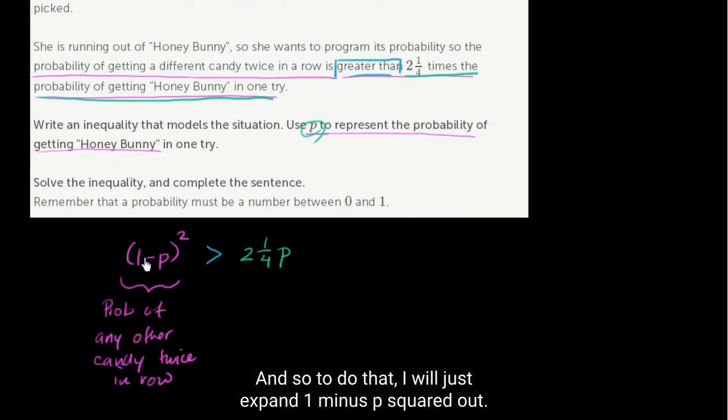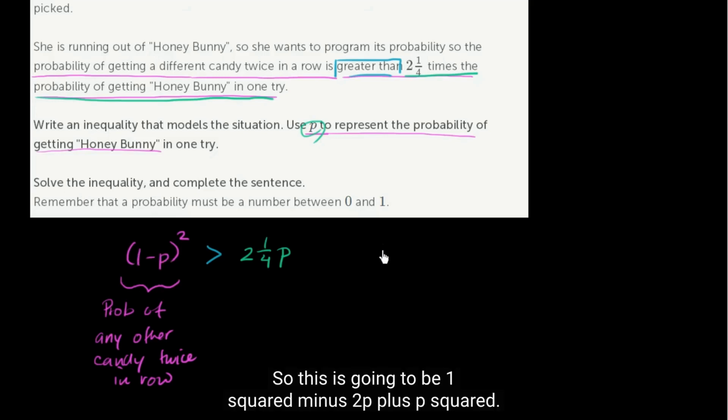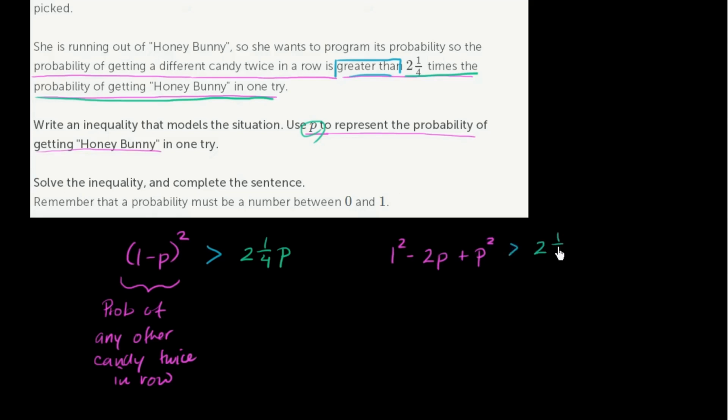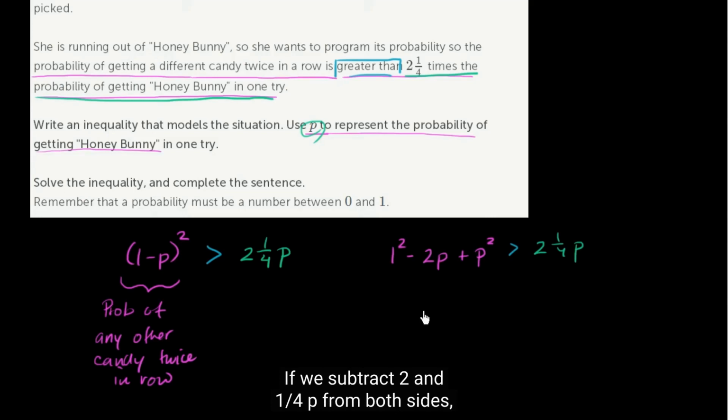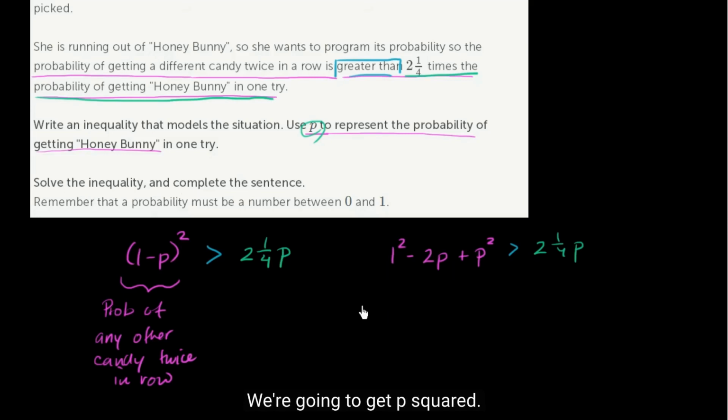To do that, I will just expand 1 minus P squared out. I'll just multiply it out. So this is going to be 1 squared minus 2P plus P squared, and that's going to be greater than 2 1/4 P. Now let's see, if we subtract 2 1/4 P from both sides, we're going to be left with, and I'm going to reorder this, P squared.